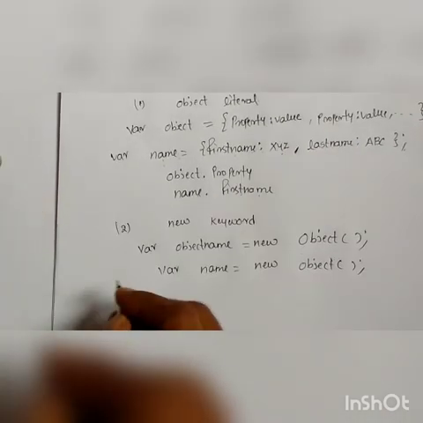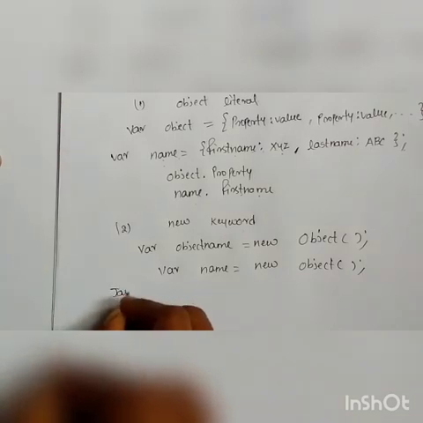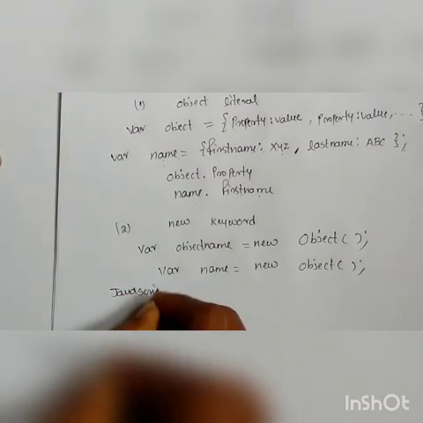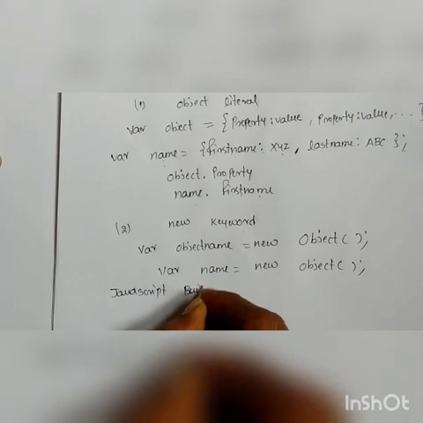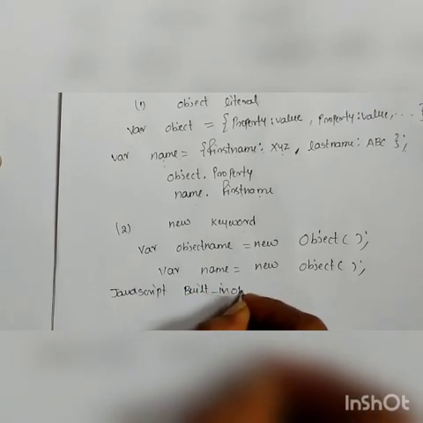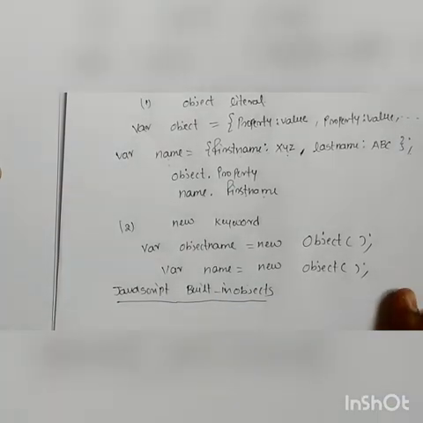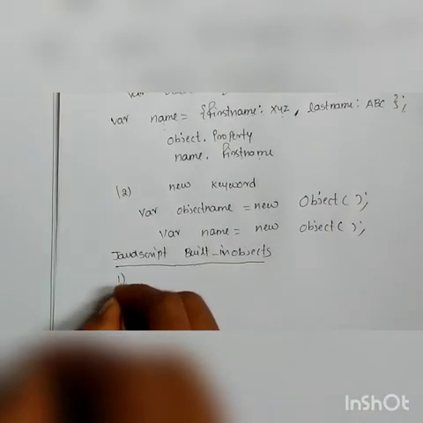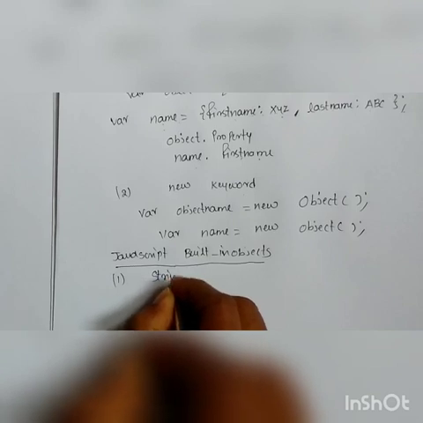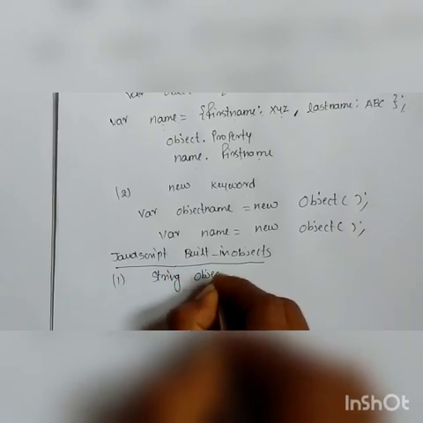And next concept here, what are the different types of built-in objects? There are different types of built-in objects in JavaScript. First one is the string object.